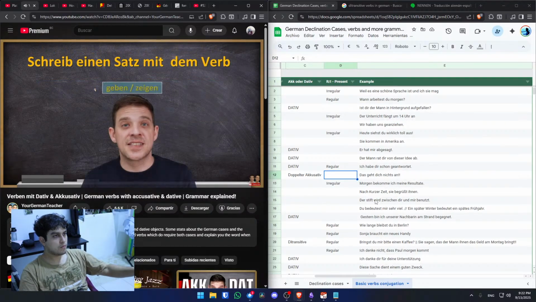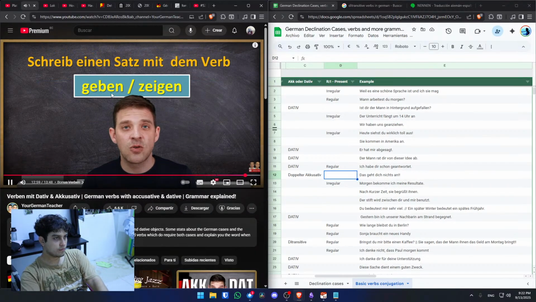Hausaufgaben. Schreib einen Satz mit dem Verb geben oder zeigen.